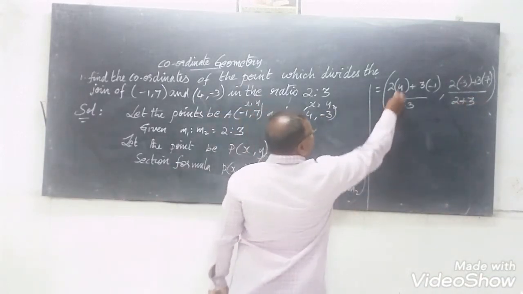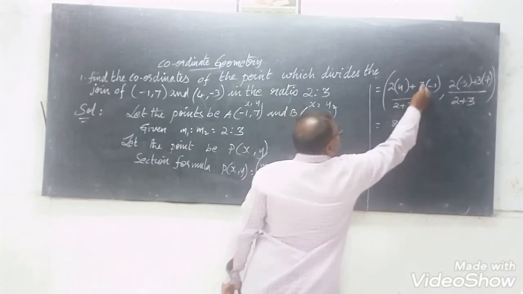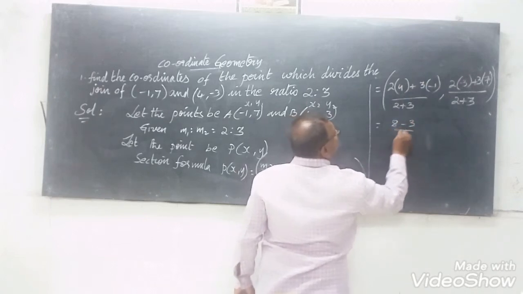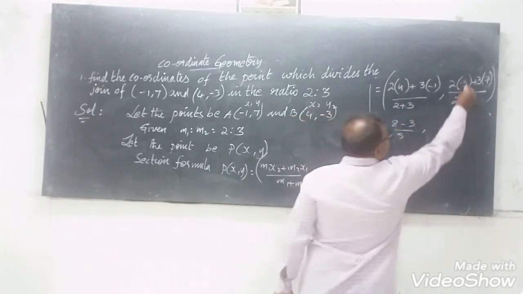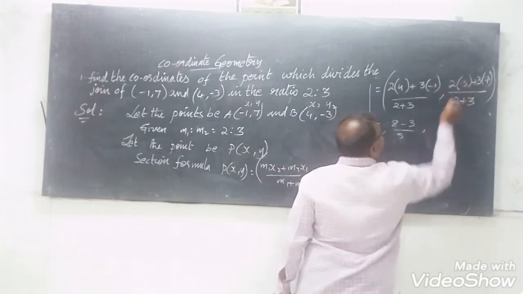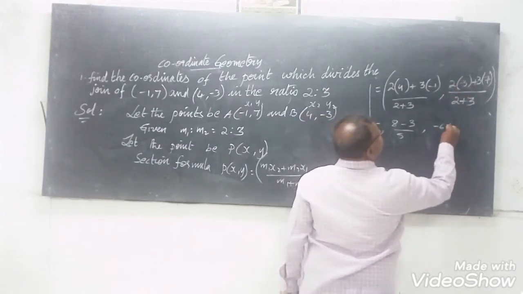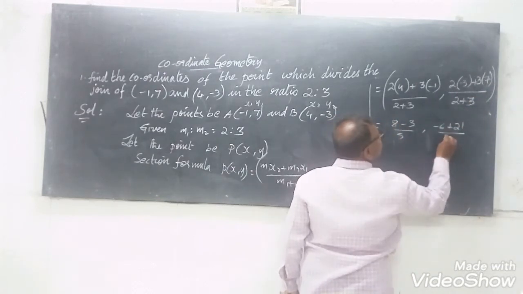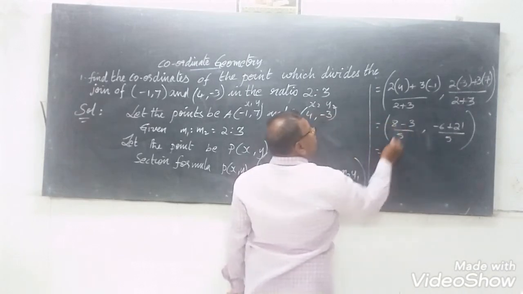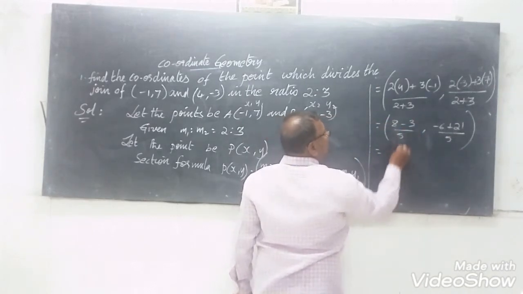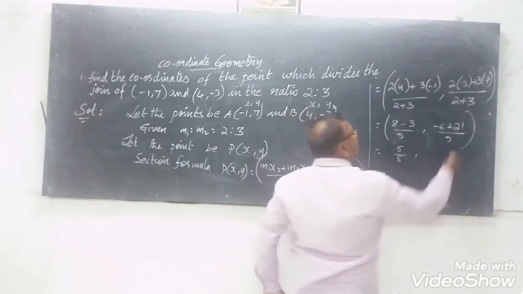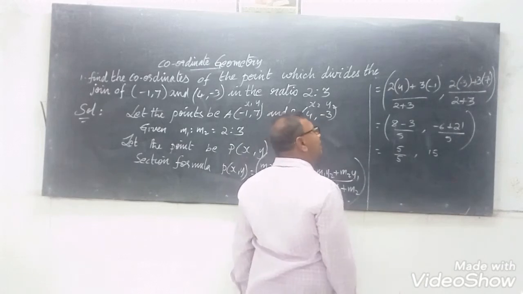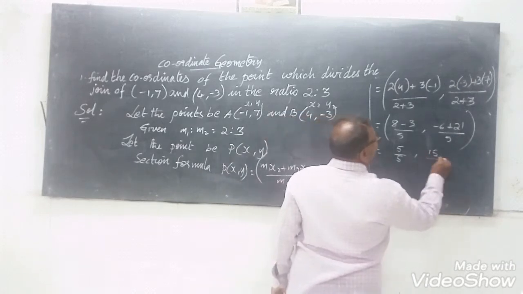Just simplification. 4 twos are 8, 3 ones are 3, plus into minus is minus, by 5, comma. Similarly here, 3 into 2 is 6, plus into minus is minus, plus 3 into 7 is 21, divided by 2 plus 3, which is 5. Now 8 minus 3 is 5, divided by 5, comma, 21 minus 6 is 15, by 5.